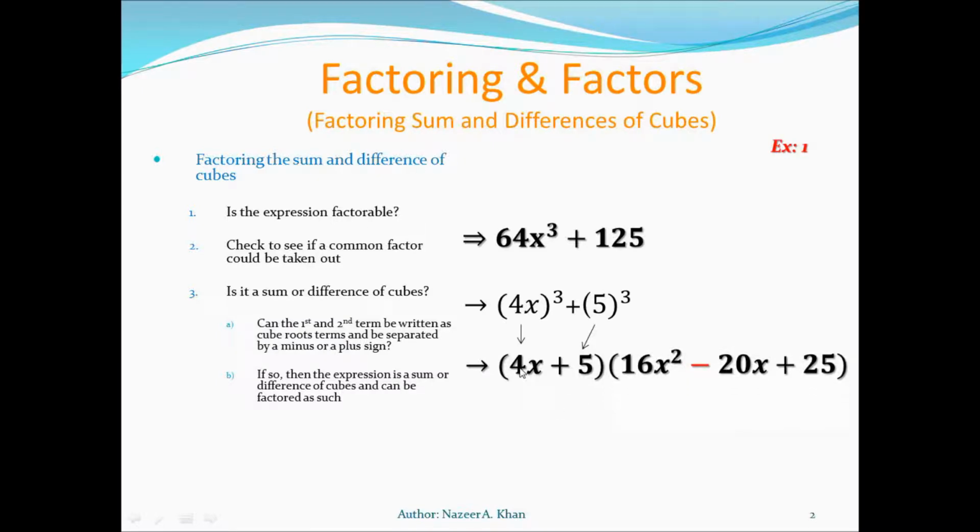I'm going to square this term and place it in the first position. The product of the inside with the opposite sign: 5 times 4 is 20x, becomes minus 20x and goes for the middle term. Square the last term of the binomial and place it in the last term of the trinomial, which would be 5 squared, plus 25. And that's all there is to that.